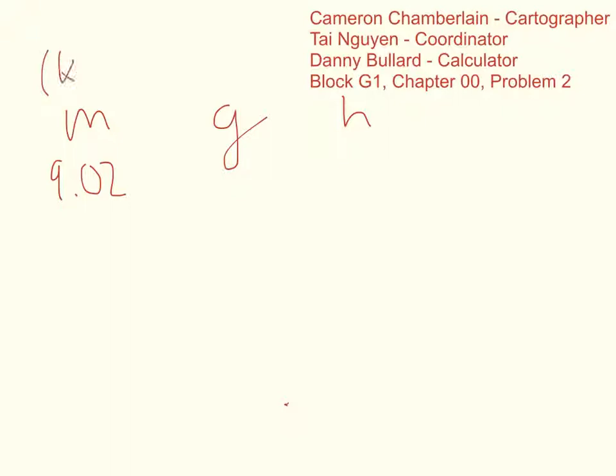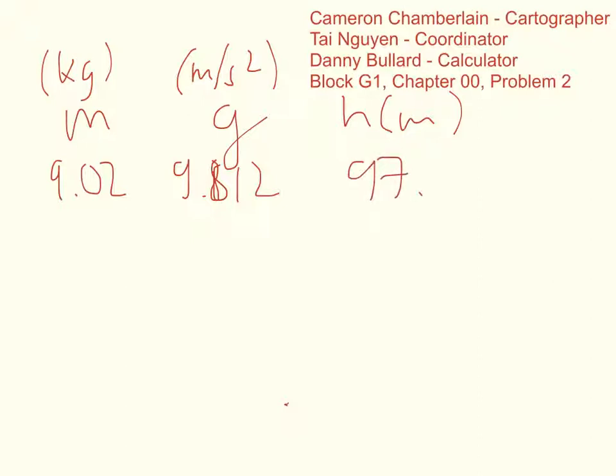Mass is in kilograms. g is in meters per second squared, and this one is 9.812. Height is in meters, and that's going to be 97.002.